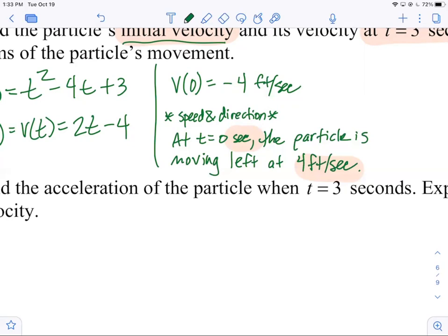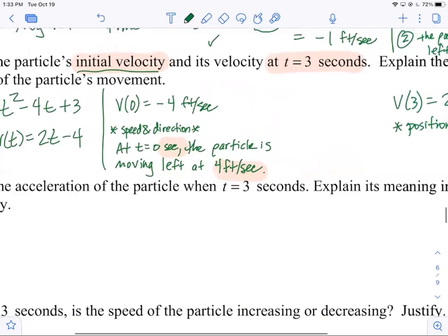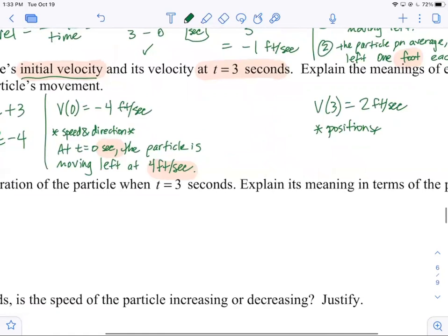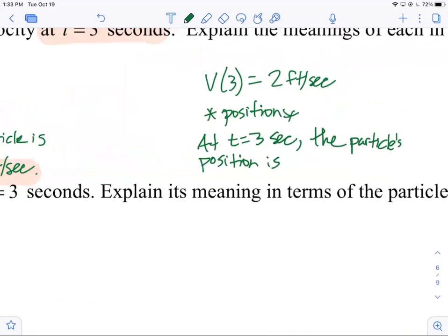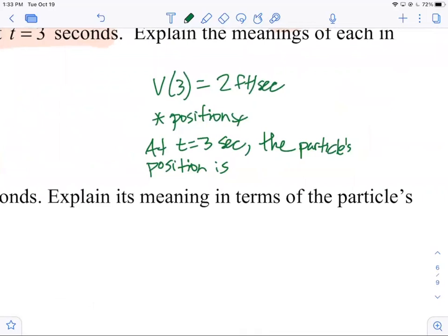It could also say, explain the meaning of your answer in terms of the particle's position, because that's what velocity is. It tells us how position is changing. So let's do that sentence over here. This would be at t equals 3 seconds, comma, the particle's position is what? Yeah, it's a positive 2 now, right?